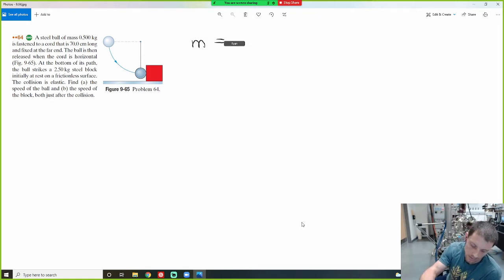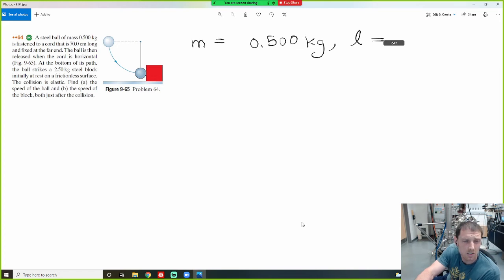Say that the mass of the ball is little m, and that is ½ kilogram. The length of the cord is 70 centimeters, or 0.700 meters.